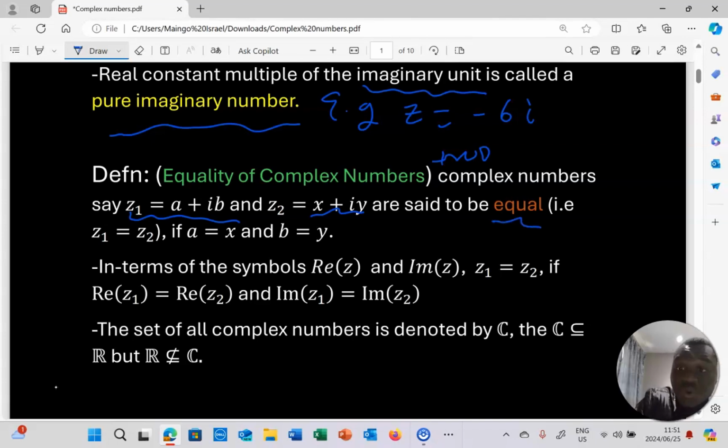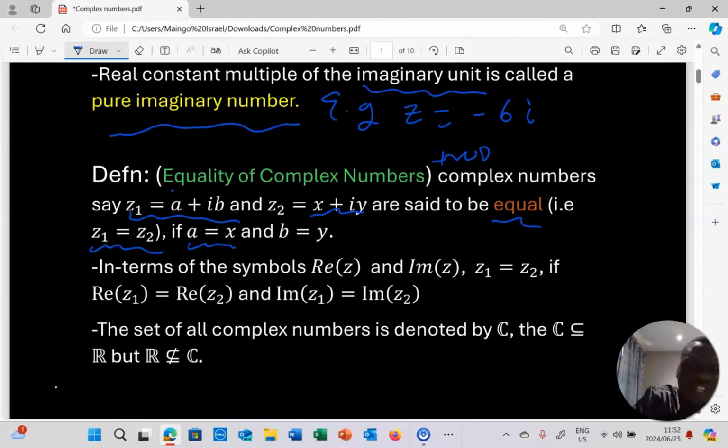In mathematical presentation, we say that z1 equals z2 if the corresponding real and imaginary parts are equal. That is, a equals x, because a is the real part of z1 and x is the real part of z2, and also their imaginary parts should be equal in order to say that two complex numbers are equal.